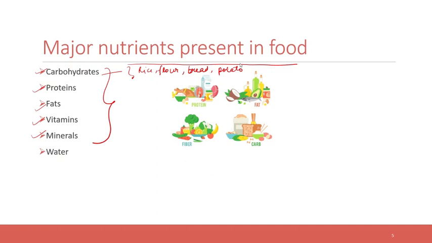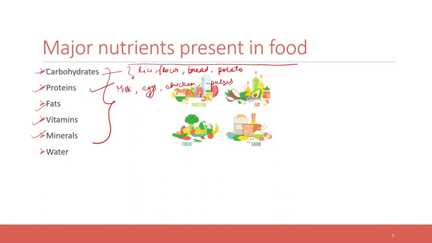Now, proteins. In which food items are proteins present? Tell me. Any guess? We get protein from milk, eggs, chicken, and some pulses.